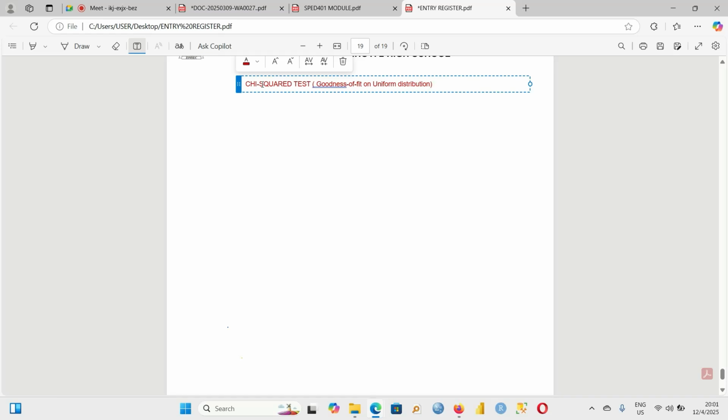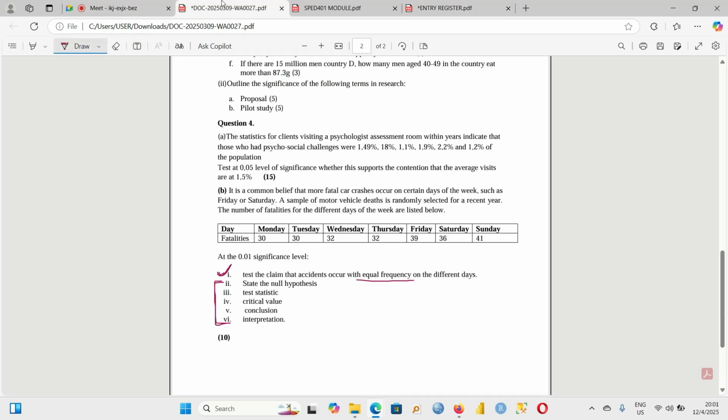Because the question is saying, test the claim that the accidents occur with equal frequency. When you're saying equal frequency, it's like the claim of equal frequency means uniform. We are testing if the data is uniformly distributed.